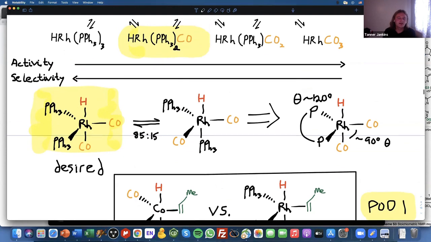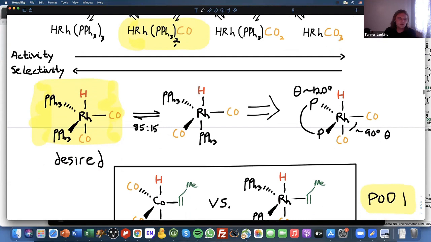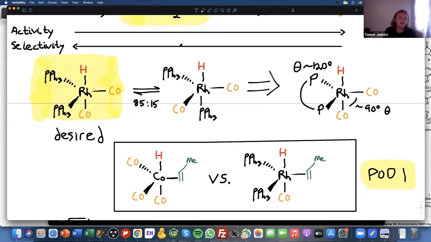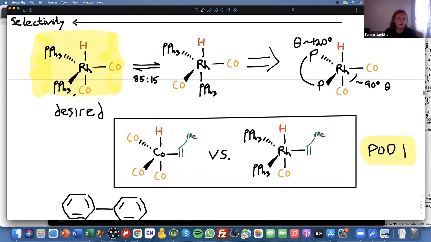In addition to the complex network of how many phosphines are coordinating, you additionally can have a mixture of both the axial-equatorial and the equatorial-equatorial coordination environments for the bisphosphine. And this can be determined by NMR to be in equilibrium with about an 85:15 ratio of the desired equatorial coordinated bisphosphine.